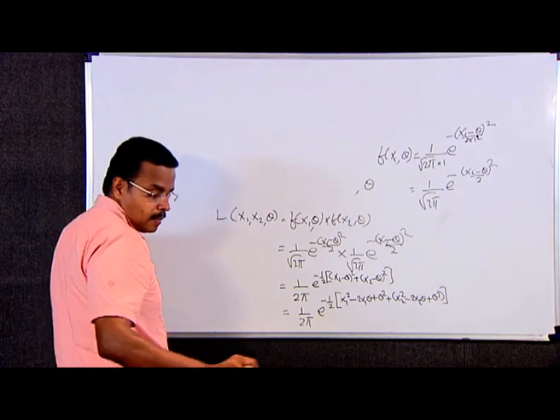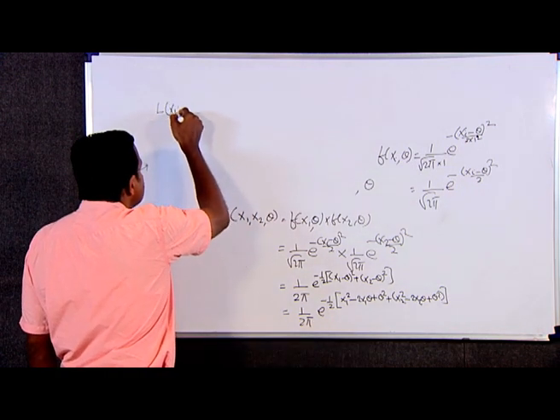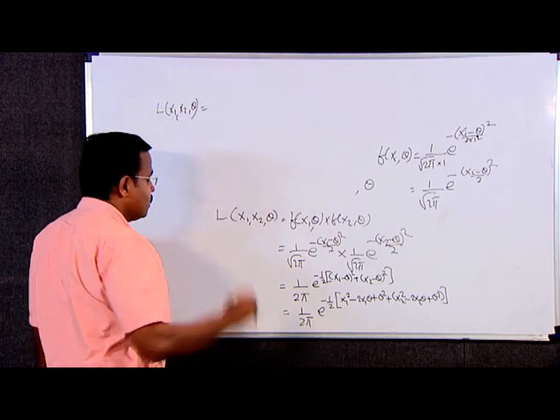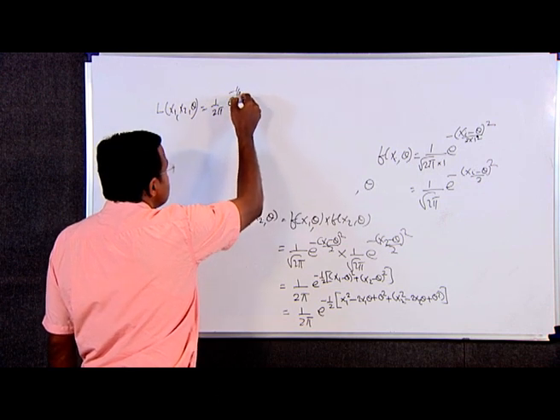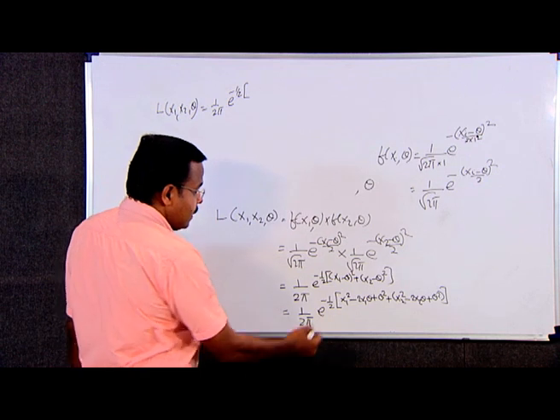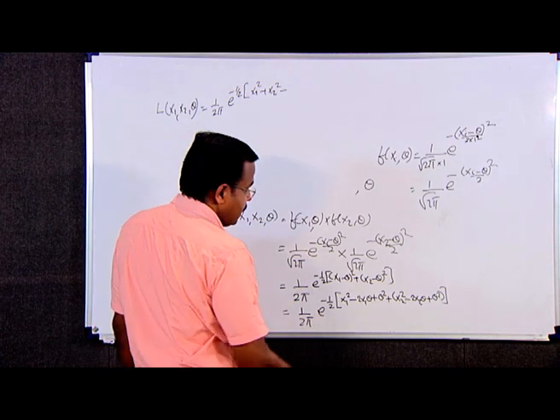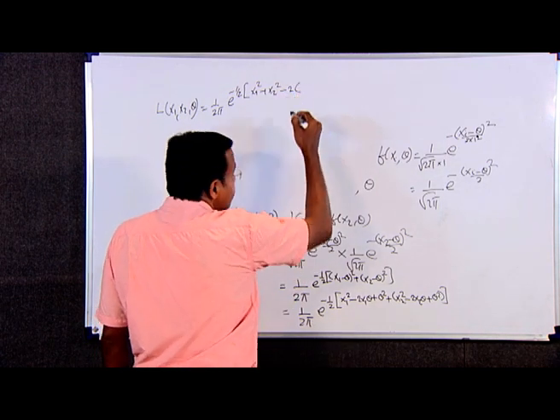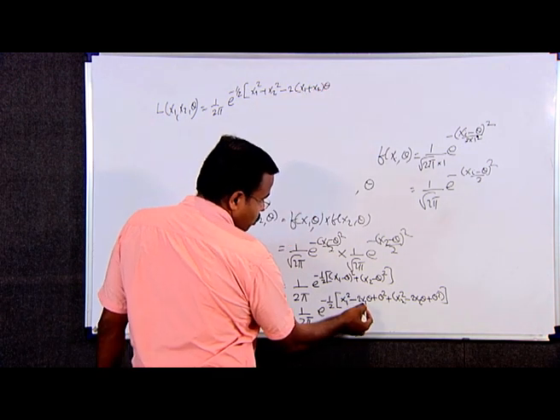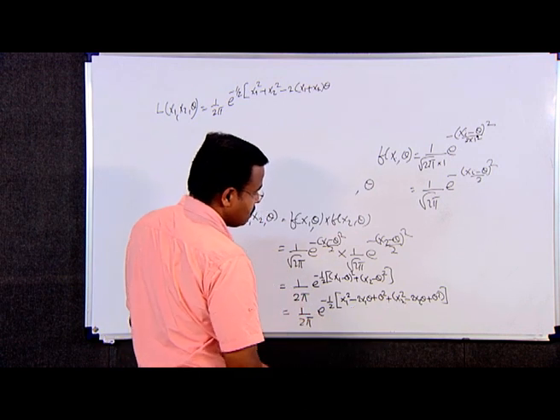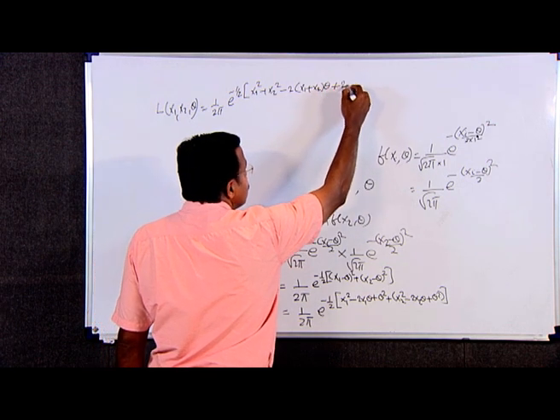This gives the likelihood function L of x1, x2, theta, that is equal to 1 by 2 pi into e raised to minus 1 by 2 into x1 square plus x2 square minus 2 into (x1 plus x2) into theta, plus 2 theta square.